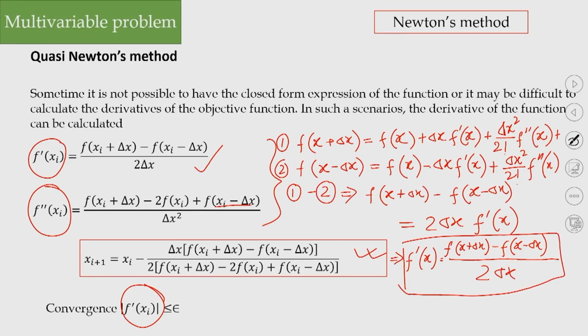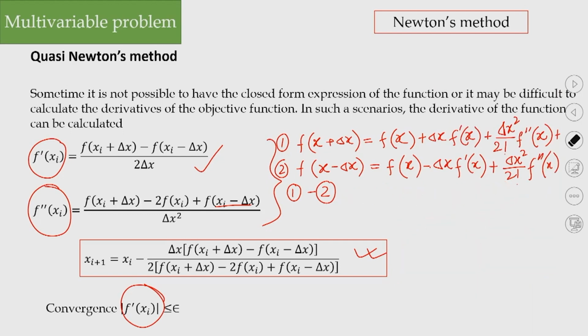If you add them, the left hand side is f(x + delta x) plus f(x - delta x). The right hand side is twice f(x); the second term cancels out, and the third term, being half plus half, gives delta x squared times the second derivative.